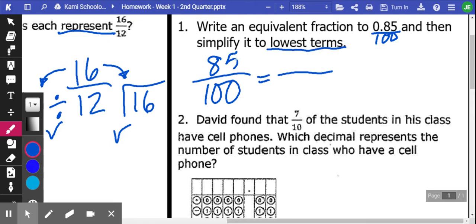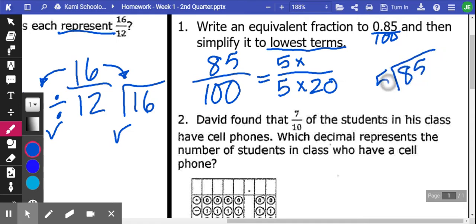Since we see a 5 here, we know we can divide this number by 5, and 5 also works with 100. So now we just need to see what do we multiply 5 by to get 100, and what do we multiply 5 by to get 85. So we know that's 20, and then let's check 85 divided by 5.